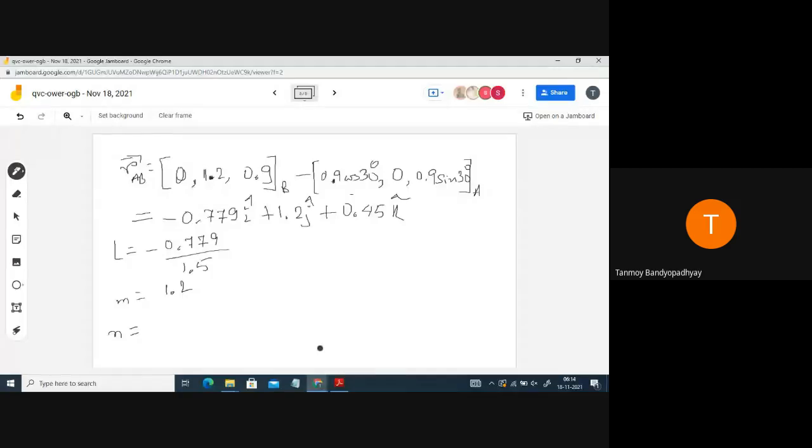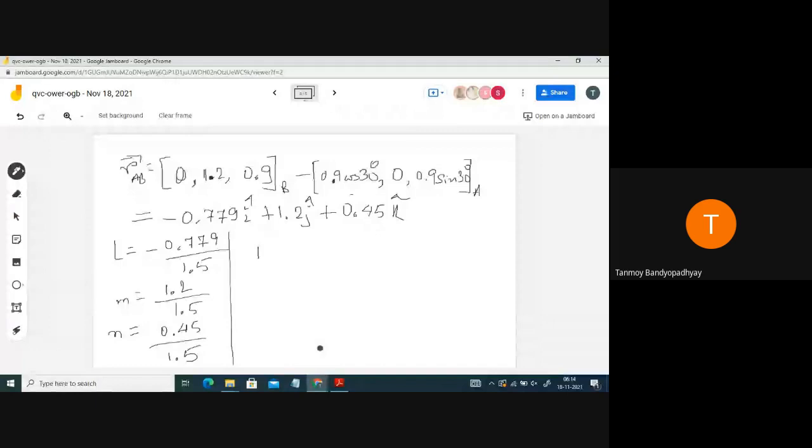You could calculate this root, the magnitude, which is actually 1.5. Calculate l, m and n at your home, it will come out to be these values. I had done them and I am just writing them.